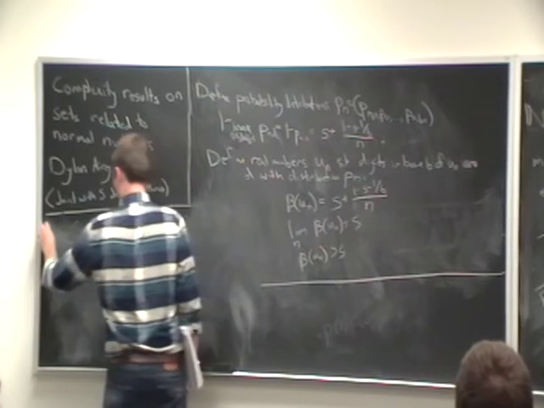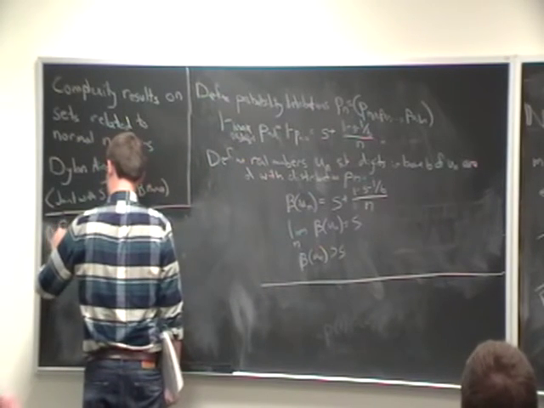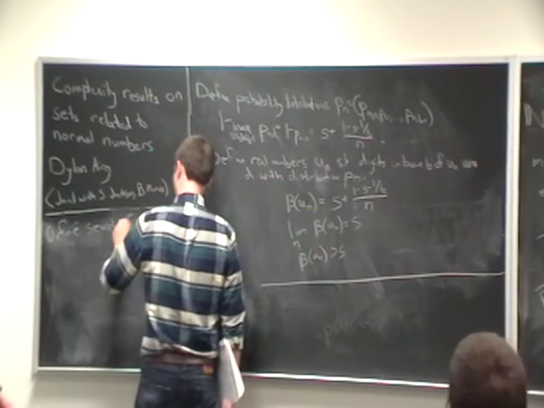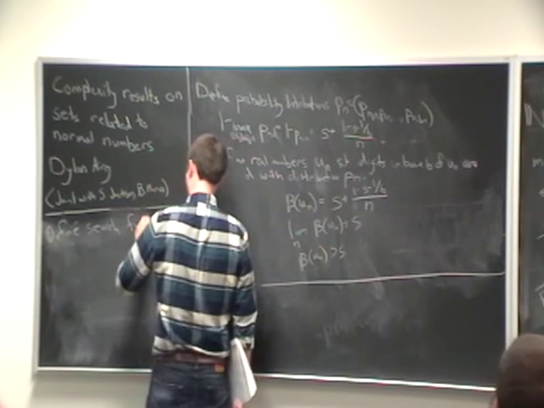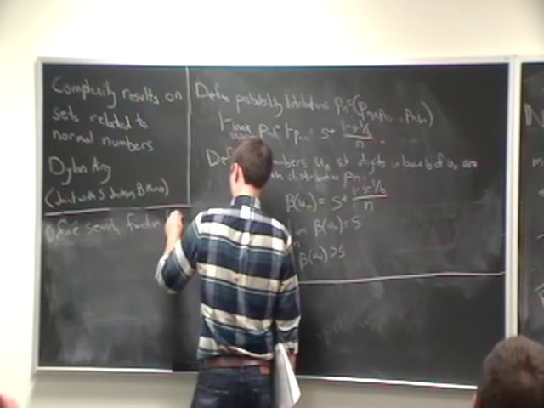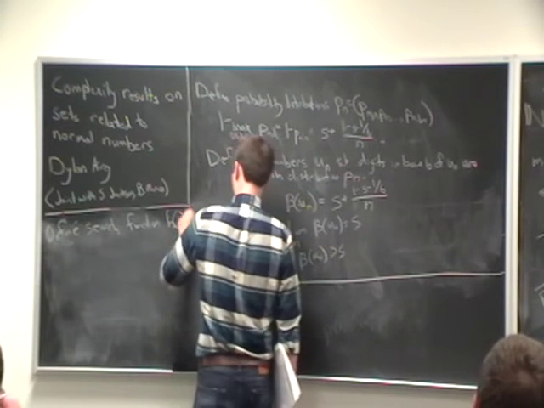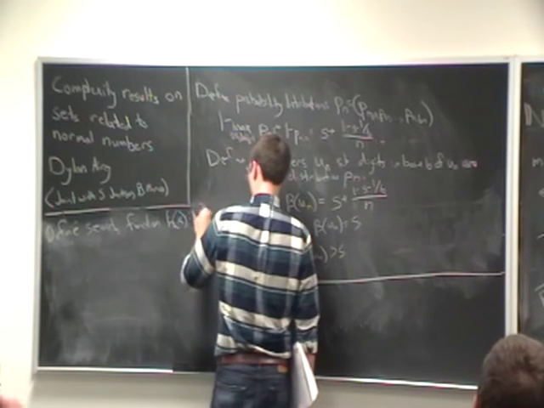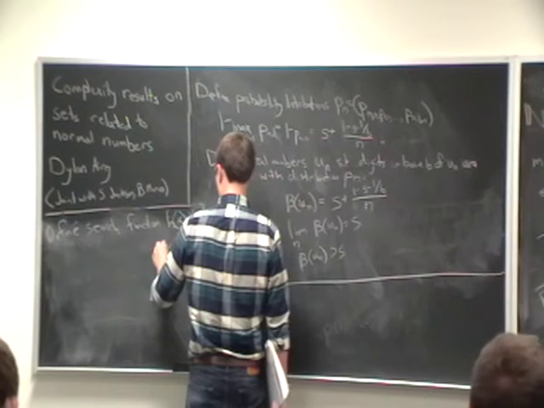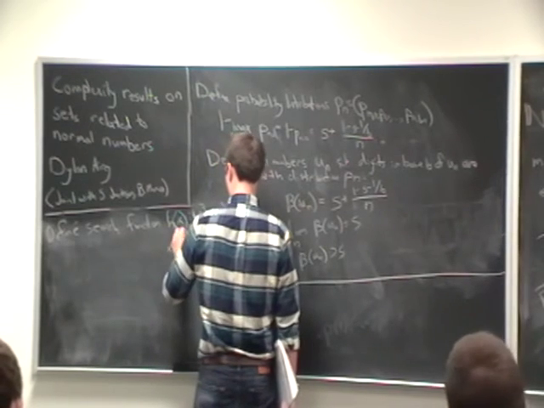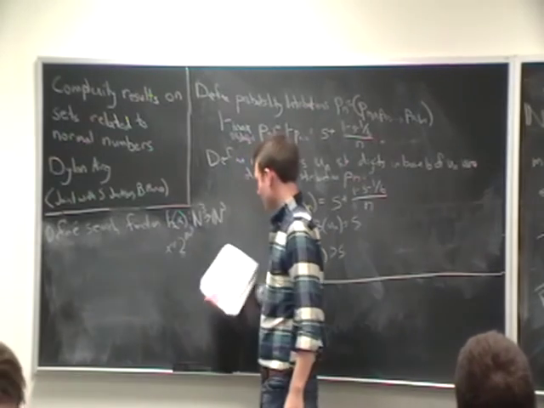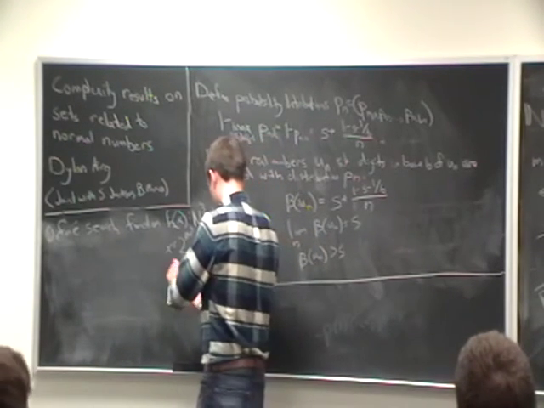So we define a search function h of x from n cubed to n cubed, where x is some element in 2 to the n cubed. And the way we define this function is inductively.